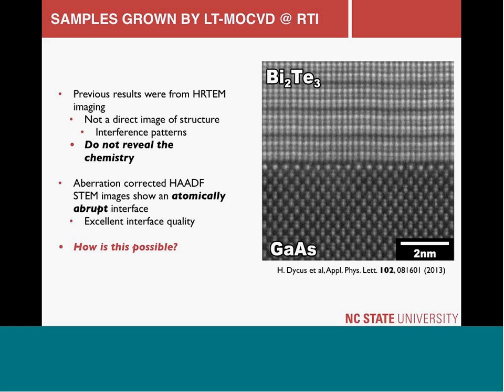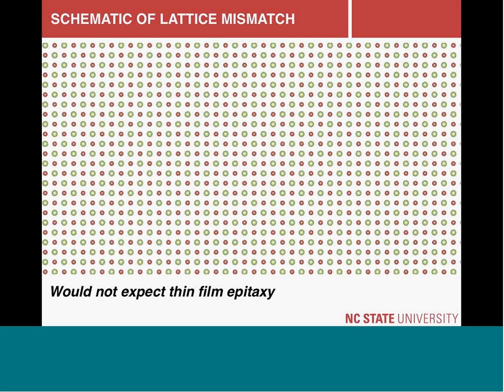Because this is common throughout the entire interface, a localized region, the TEM representative area. This is typical. We get perfect epitaxy of these films. So how is this possible? We would not expect this in film epitaxy.